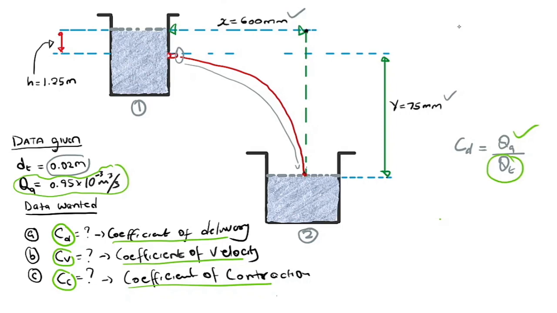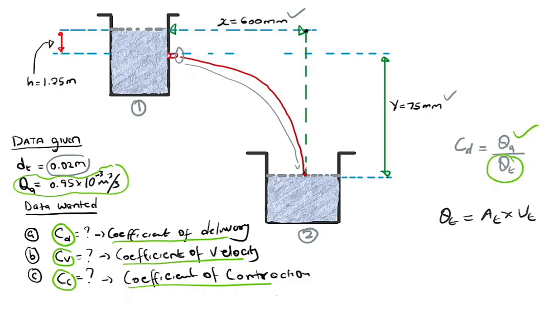To find the theoretical delivery, we have to use the continuity equation. The theoretical delivery is equal to the theoretical area times the theoretical velocity.